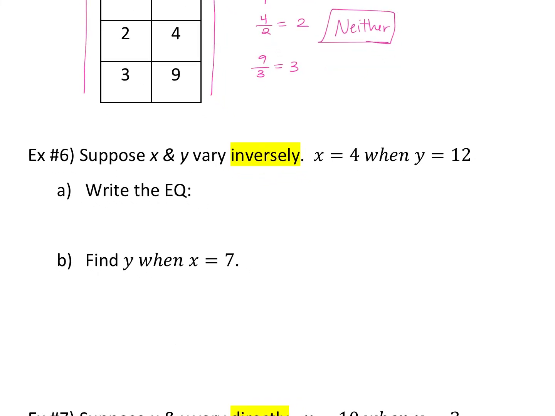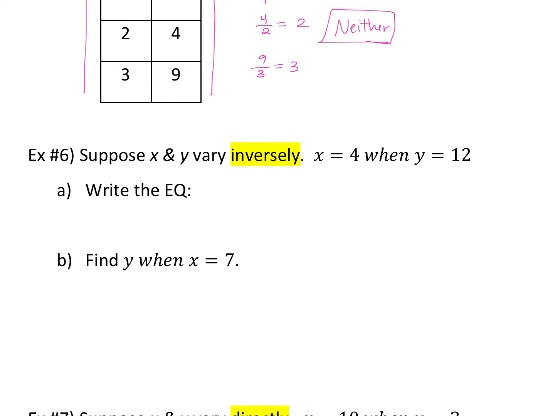Okay, so now they're going to give us some information. You're going to have to come up with the equation, and then they'll give you some numbers to plug into that equation, and you'll solve, okay? So this first one, it says, suppose x and y vary inversely, okay? Inversely is going to be your y equals k over x situation, okay?